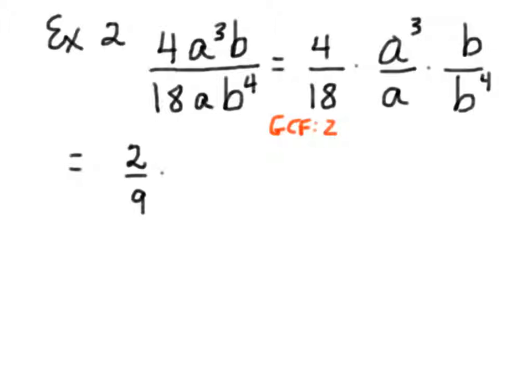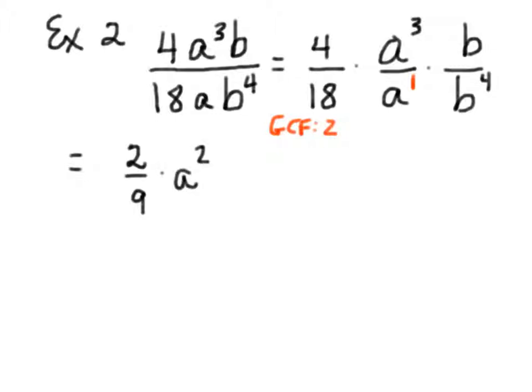Now, that a cubed over a, it is understood that that's a 1. You don't have to write the 1, but you can understand that it's there, which means that we are going to subtract 3 and 1, which leaves us with a squared.